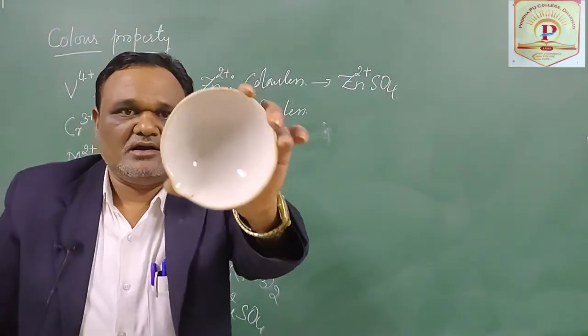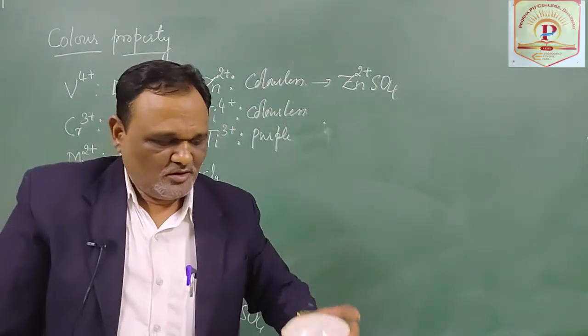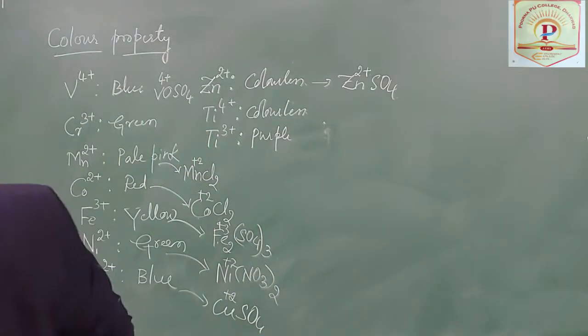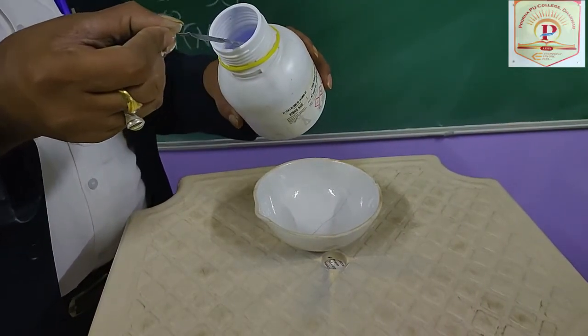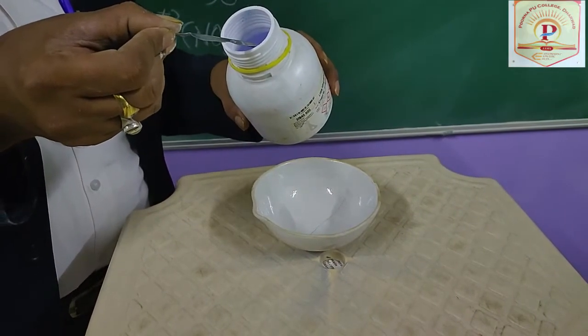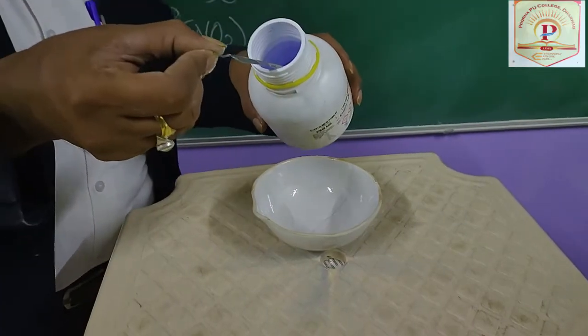I am going to explain the reason behind the color property of copper sulfate, and for that I will carry out the experiment.